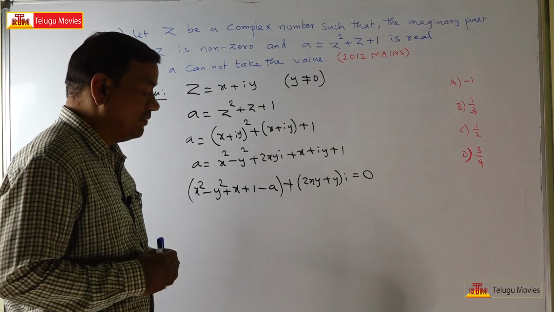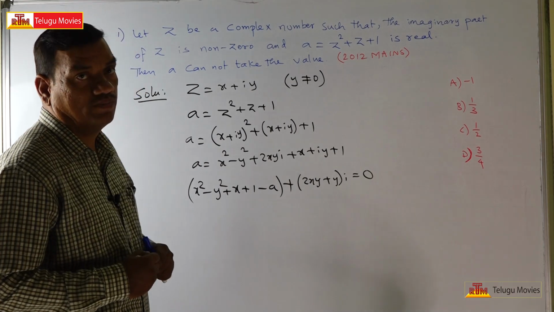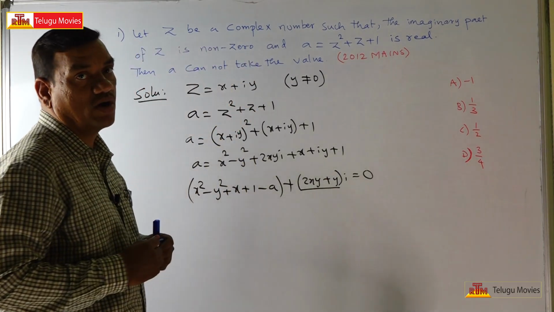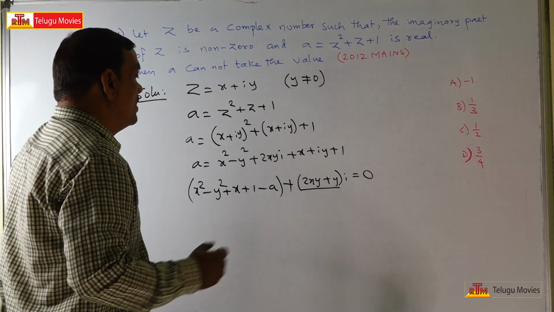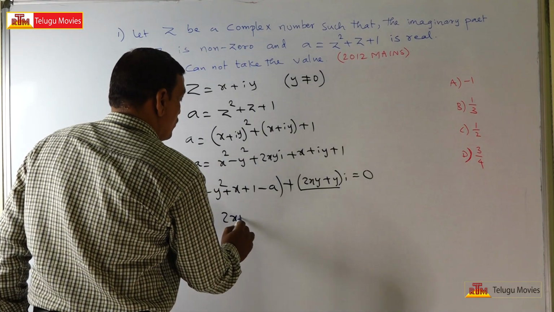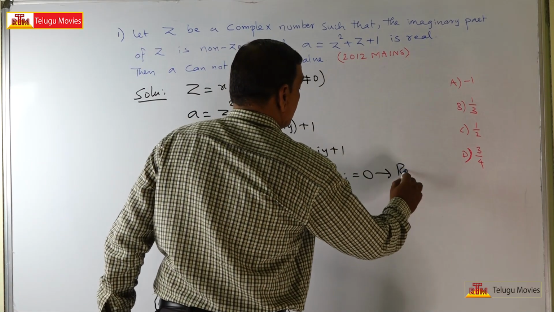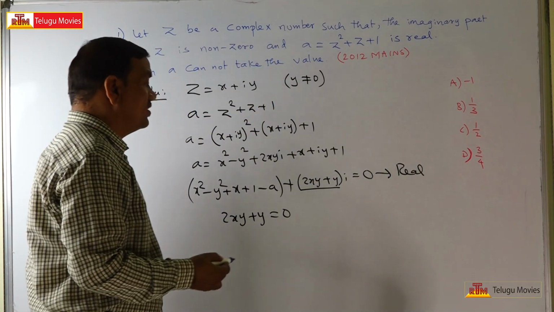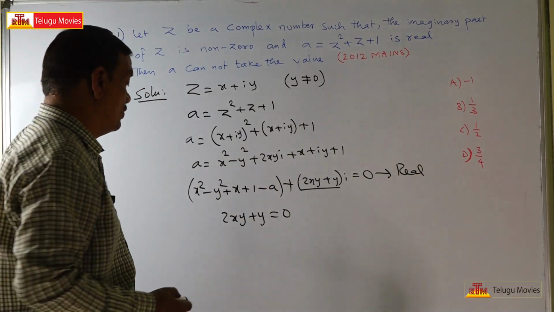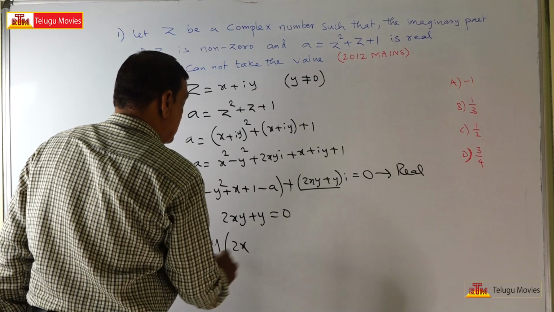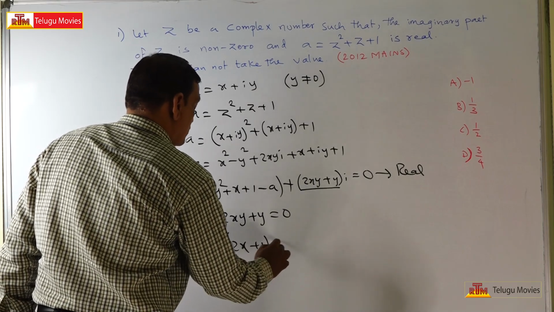The imaginary part should be equal to 0. What is the imaginary part? That means 2XY plus Y should be equal to 0. So this is Y times (2X plus 1) is equal to 0.